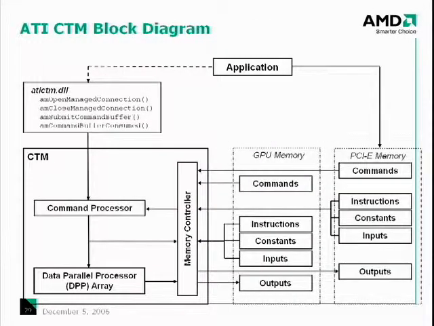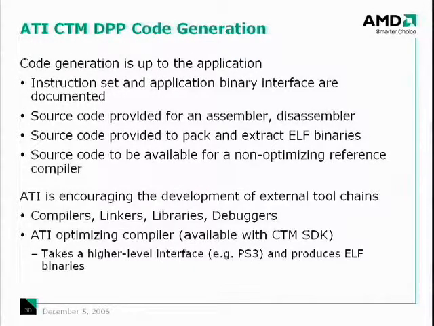These are the instructions over here. So we leave that up to the app. Unlike the graphics drivers, we leave that up to the application. So you could write your own compiler if you want. You could write directly to assembly or machine language if you want. But we provide some tools. We have source code for a non-optimizing compiler. Then also, ATI has an optimizing compiler that accepts an intermediate level language that we can also give you if you want optimized code as well.